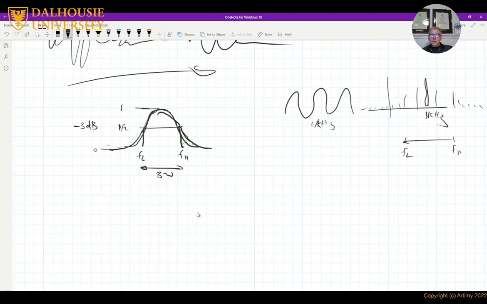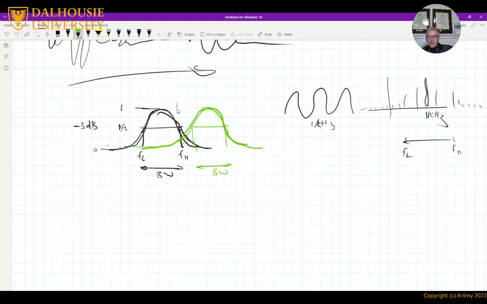All right. Knowing this fact, I can make sure that the channels are sitting next to each other. So this is the half power point, this is the bandwidth of the second channel.